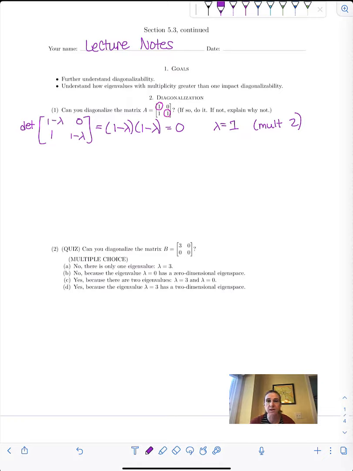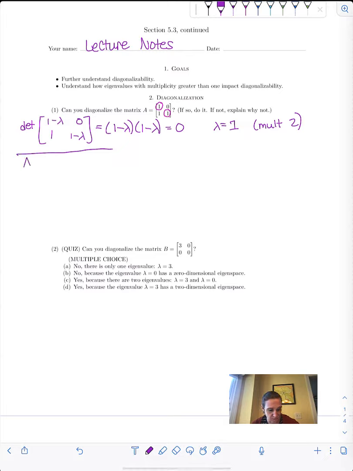So we have multiplicity 2, and in order to determine diagonalizability, we need two linearly independent eigenvectors. Since we only have one eigenvalue and it has multiplicity 2, it needs to have two vectors in a basis. So let's see what happens for this particular matrix.